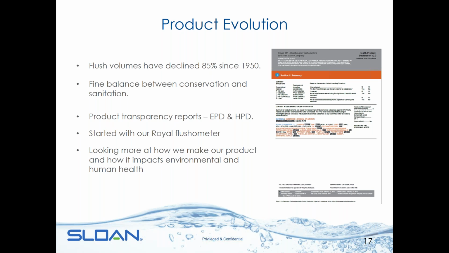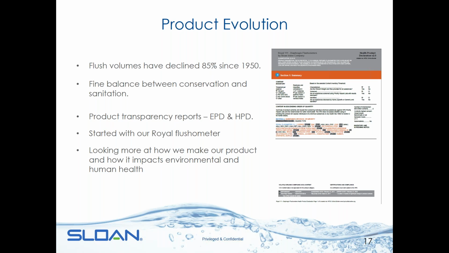So this is one of the main reasons that we started looking into product transparency reports. We need to find another way to push that envelope in our industry. And the ability to dive deep and see how the life cycle of a particular product impacts both the environment and human health, that was just the next obvious path for Sloan.